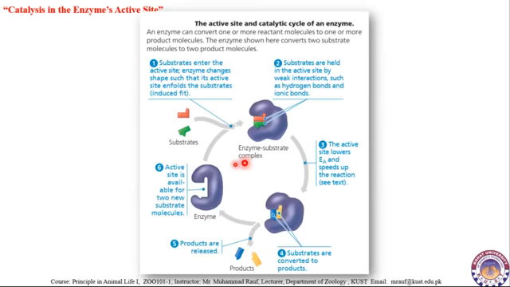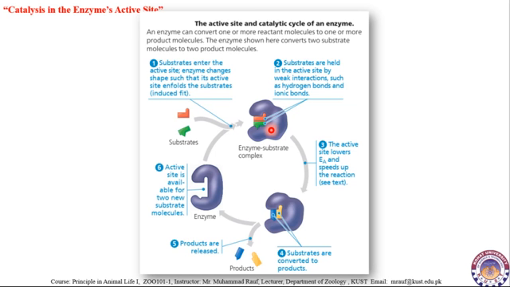So here we have that figure in which 6 steps are shown that represent the process of catalysis. First, the substrate enters the active site of the enzyme and changes its shape. Remember, the shape of the active site will only change according to the induced fit model.